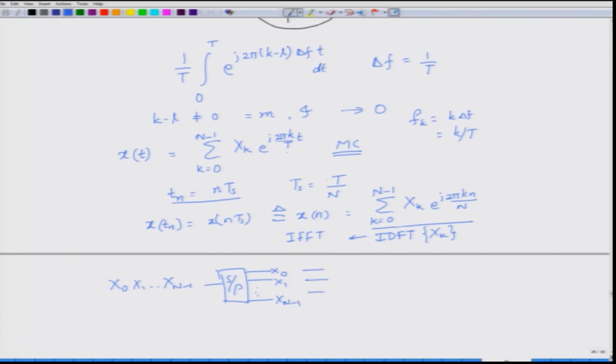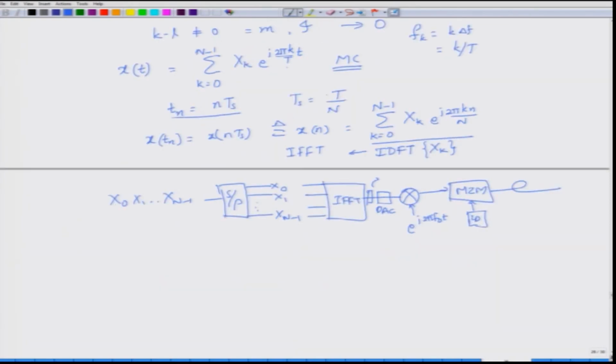To this you take the IFFT, and then take it through a DAC, which is a digital to analog converter, to obtain the continuous waveform or the approximate continuous waveform, and then multiply it by e to the power j 2 pi f0 t to up convert it onto the RF domain, and further up convert it using an MZM onto the optical domain, wherein to the MZM you give a laser diode and then transmit it through the fiber.